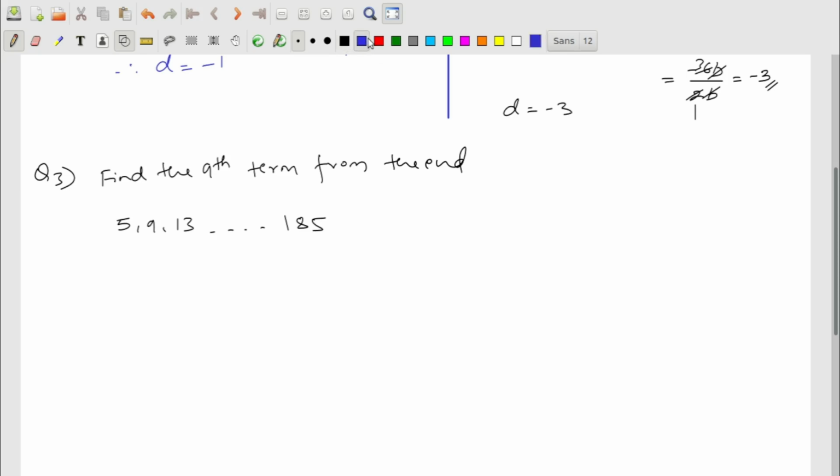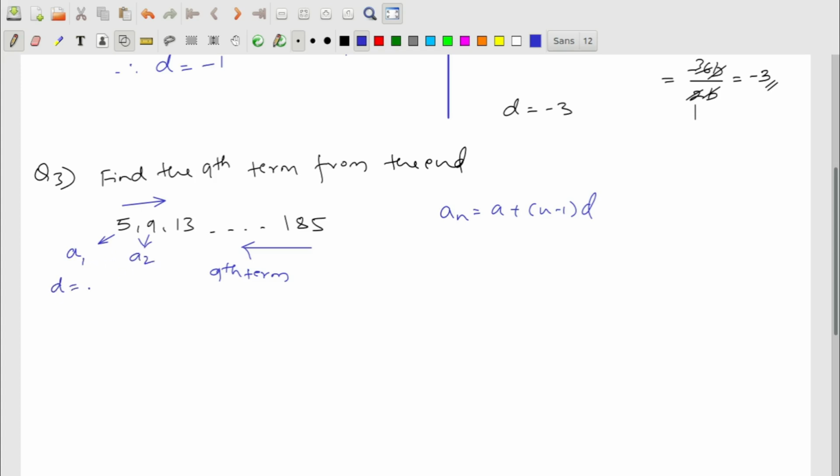So you need to find the ninth term from the end, and we know the nth term formula, an is equal to a plus (n minus 1) into d. If I ask you to find the nth term from here, you will take a as the first term, which is 5, and then 9 will be your second term.